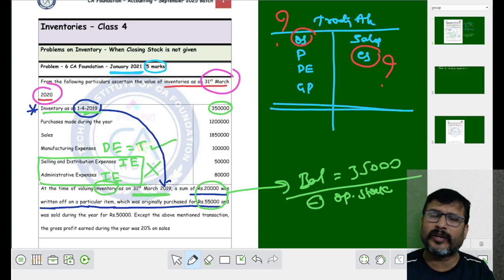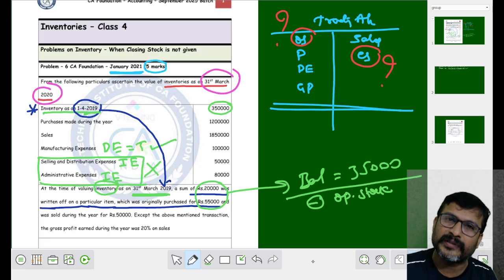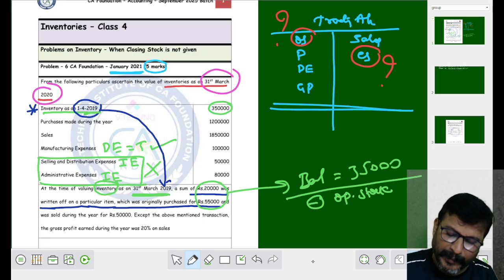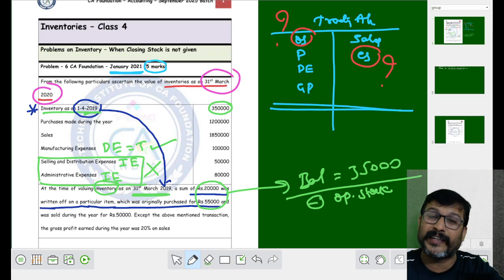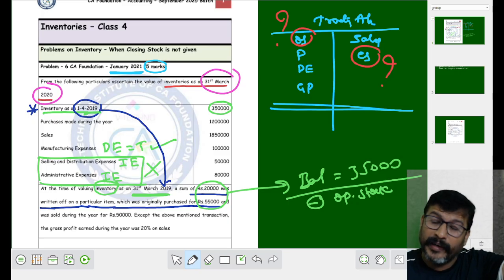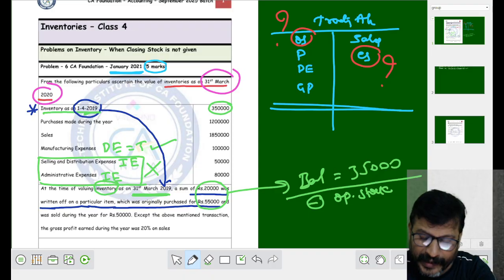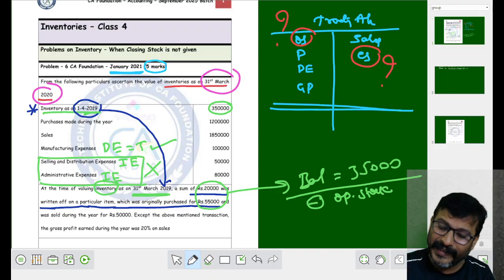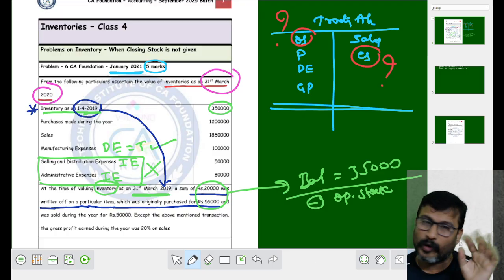Already you have written off, already you have subtracted 20,000. But it was originally purchased for 55,000. Out of that, only 20,000 was written off. So the balance we have to write off is 35,000 from the opening stock.